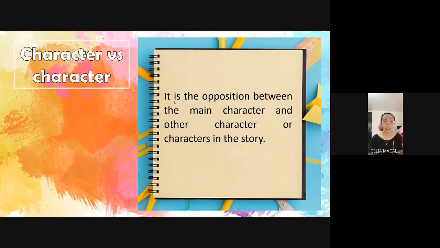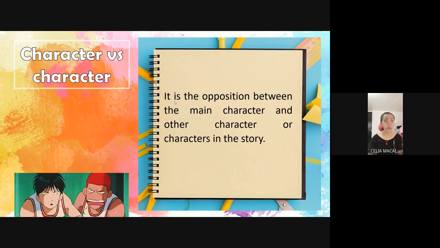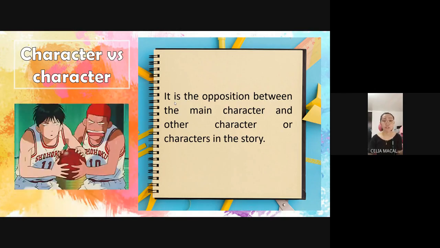Let us first discuss character versus character or another character. So it is the opposition between the main character and the other character or characters in the story. For example, we have here from Slam Dunk, Rukawa and Sakuragi.